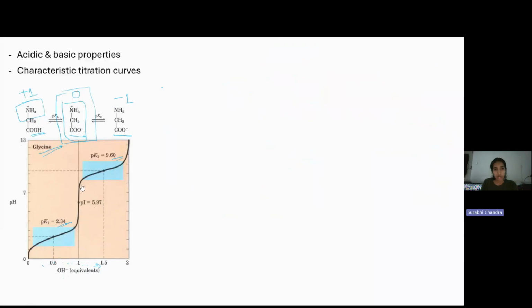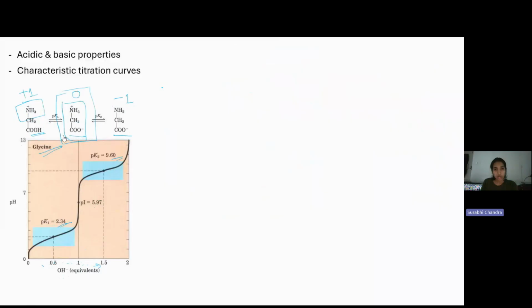So this is the pI value where it exists as a neutrally charged molecule, the glycine residue. And when you really lower the pH or increase the pH, the overall charged state of the amino acid in question changes. Suppose this is the neutrally charged glycine residue.